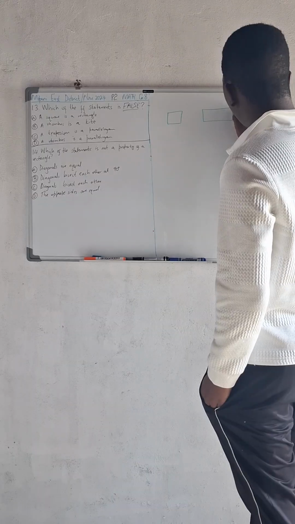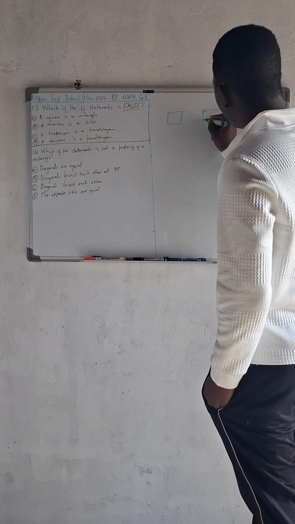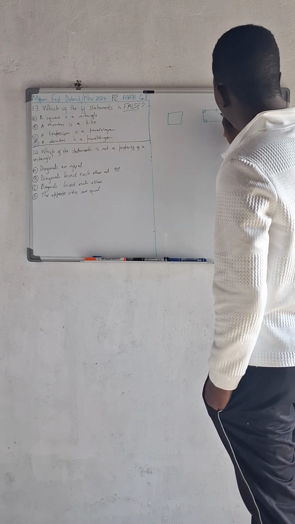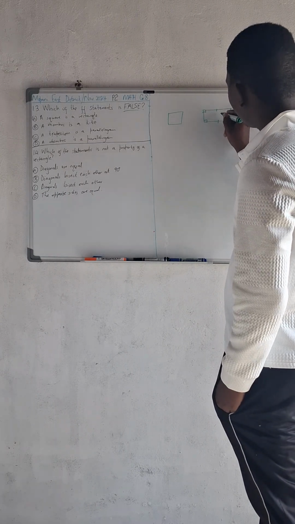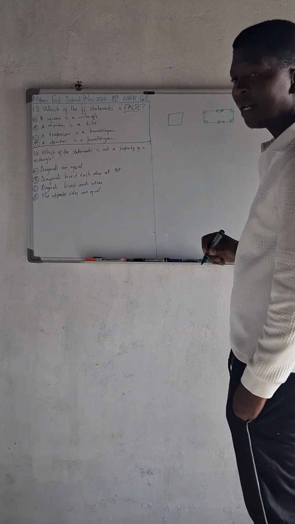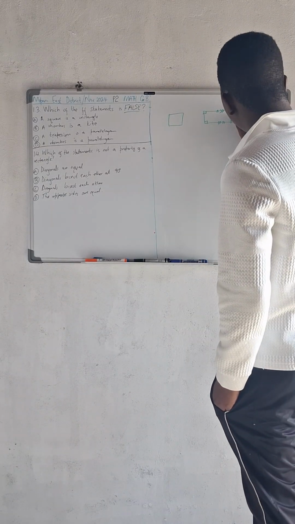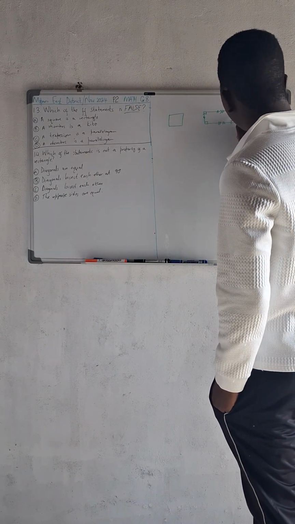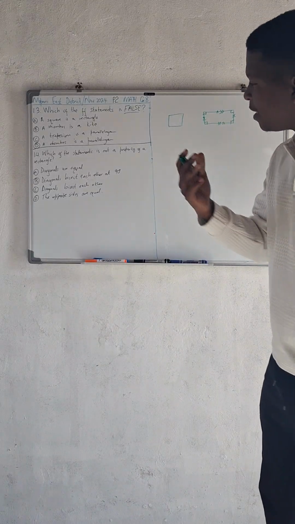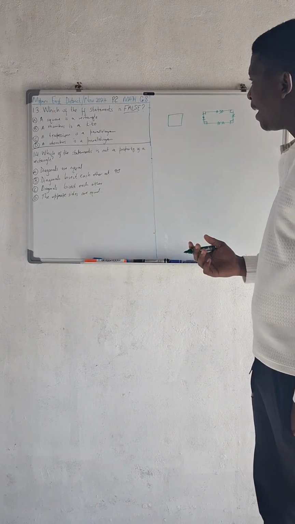In a rectangle, all these angles are congruent, they are equal. This side is equal to that one, but they are also parallel. This side is parallel to that one, and again they are equal. Those are properties of a rectangle.